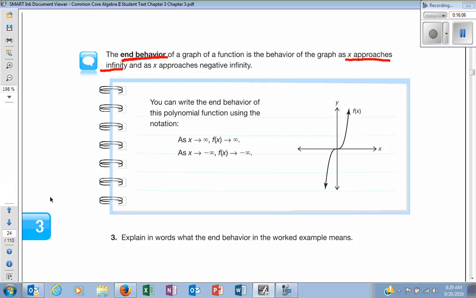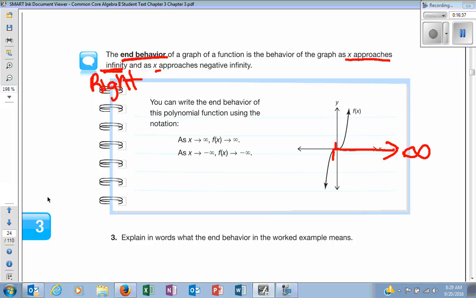If I'm on my coordinate plane, when I talk about x, which direction am I only referring to? Left or right? Are you with me? So as x approaches infinity, which side of the graph am I on? I am on the right side. How do I know that? Because from here over, x is going to infinity, and that's my x. You with me?